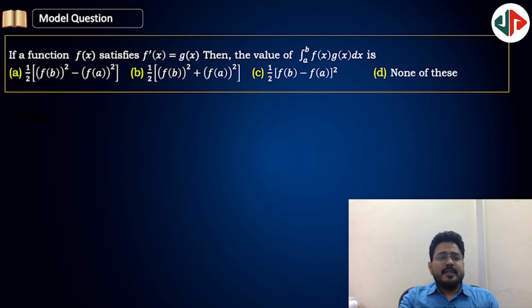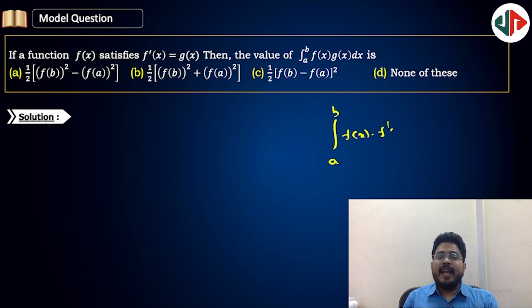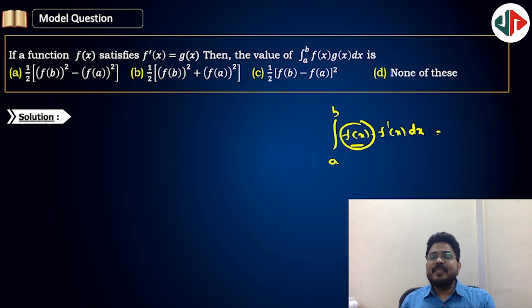Next question is, if a function f of x satisfies f dash of x is equal to g of x, what is the integral a to b f of x into f dash of x dx? If I take f of x as t, this will be t and this will be dt.